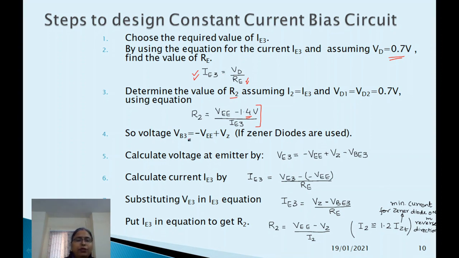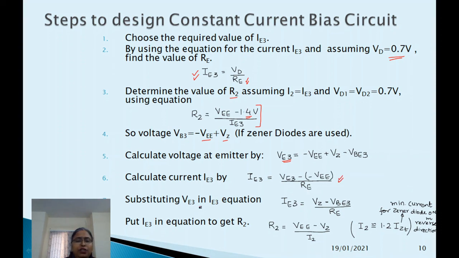The voltage VB3, which is at the base of transistor Q3, is equal to minus VEE plus VZ, where VZ is the breakdown voltage of the Zener diode. The fifth step is to calculate the voltage at the emitter, VE3. The emitter terminal voltage of transistor Q3 is given by minus VEE plus VZ minus VBE3. Then calculate the exact current IE3 by these values: VE3 minus VEE divided by RE.